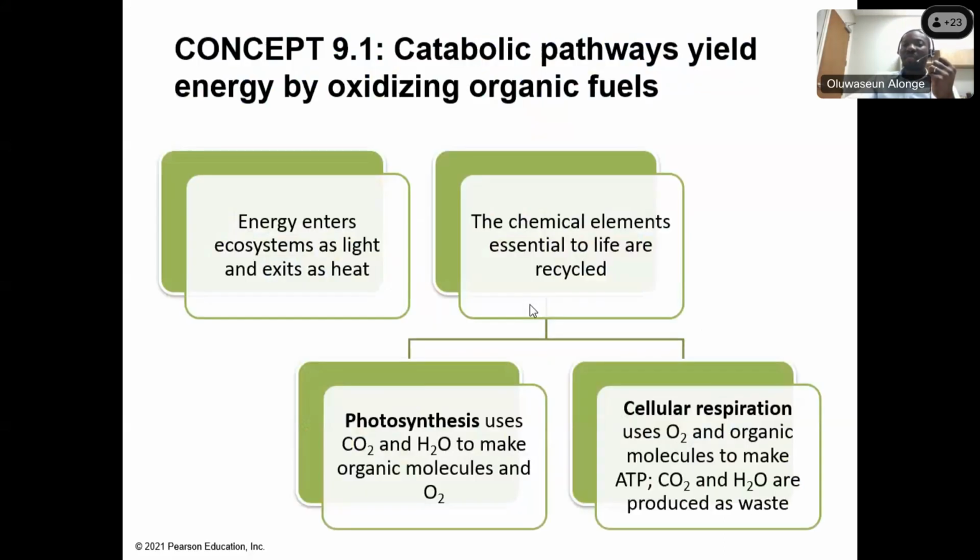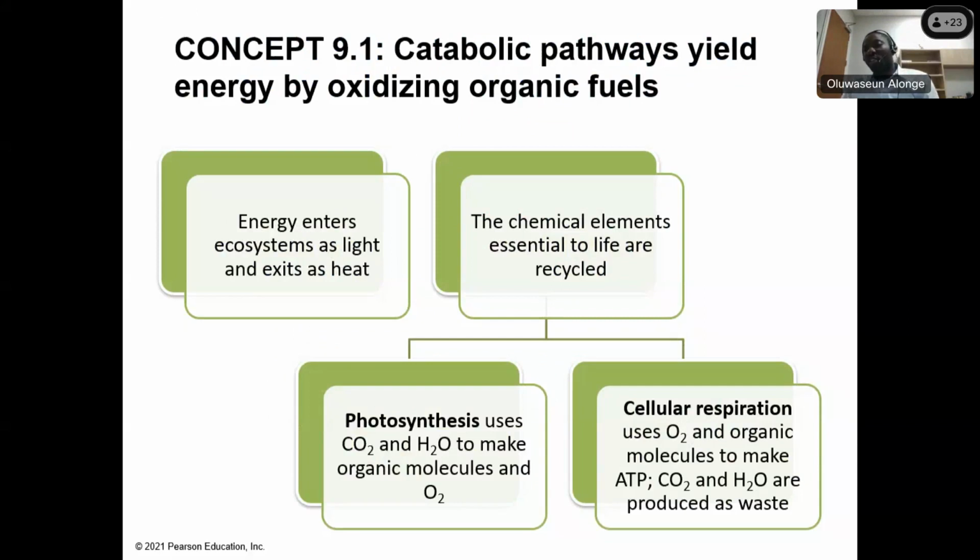All right. Now, energy is going to enter this ecosystem as light, and then it's going to leave as heat. If you still remember, go back to chapter 8, where I talked about the first and second laws of thermodynamics.